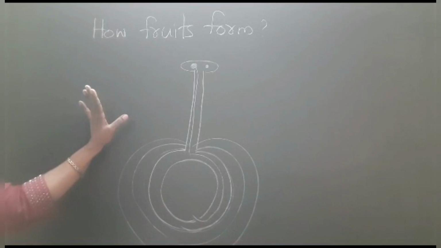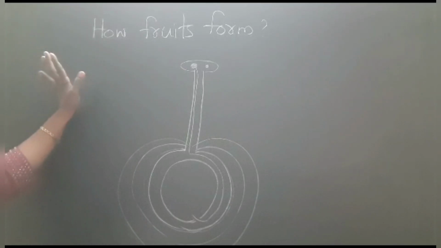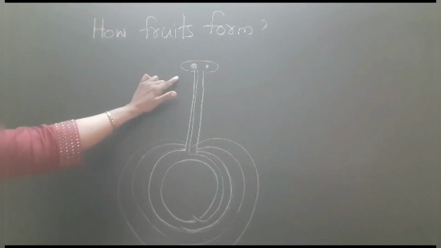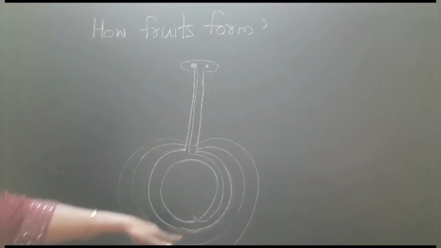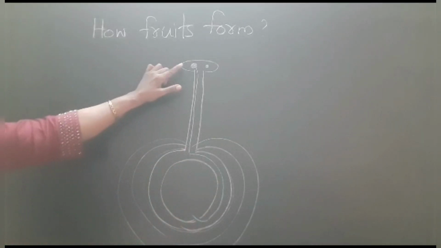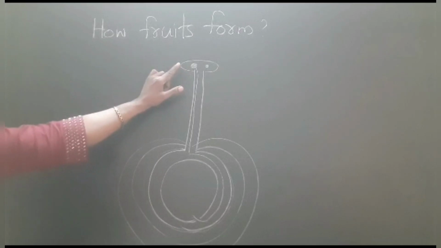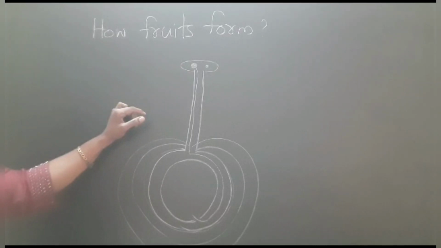The formation of fruits in flowers starts from the moment the pollen reaches the stigma. Once it reaches the stigma, it starts generating a tube called the pollen tube. In the pollen grain there are two male gametes.